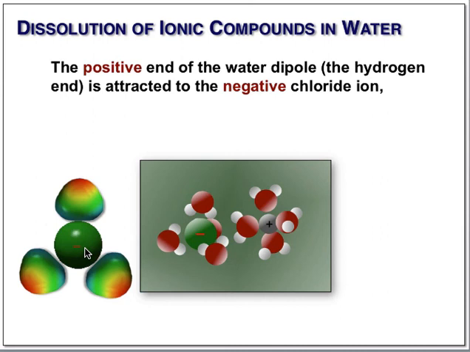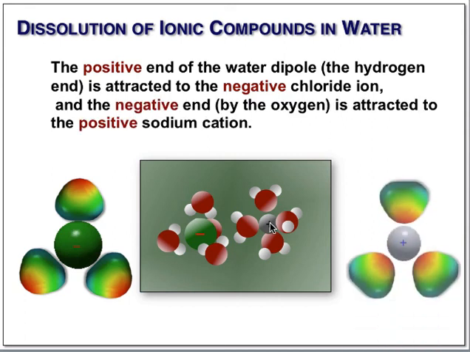This disperses the charge and stabilizes it. For the cation, we have just the opposite. The negative end of the water dipole associates with the sodium cation. Once again, it disperses the charge and stabilizes it in solution.